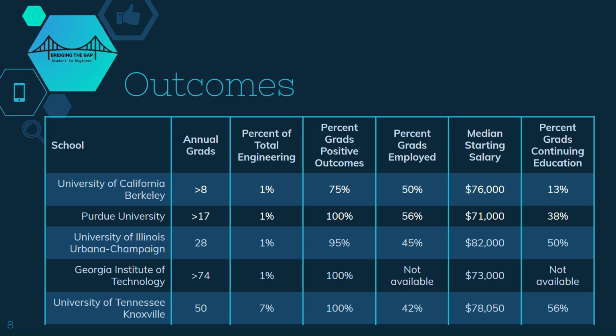So when we talk about national labs and getting into places where there is a lot of nuclear going on, UC Berkeley is near Lawrence Livermore National Lab, which is in Livermore, California. Purdue and University of Illinois Urbana-Champaign are somewhat close to Argonne National Lab. These are things that you can look up, and I'll provide a link to the national labs in the description.